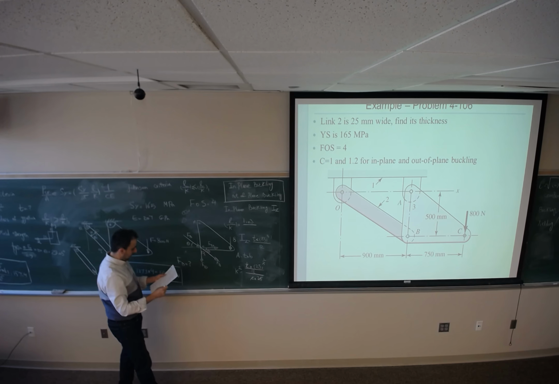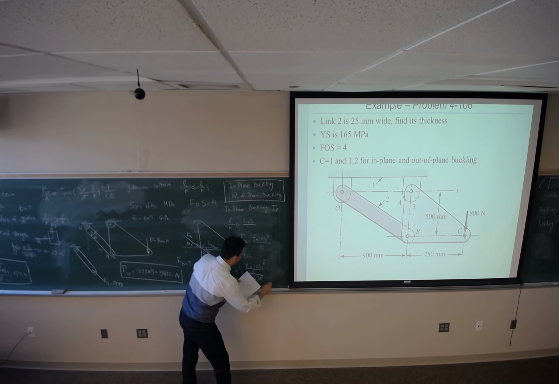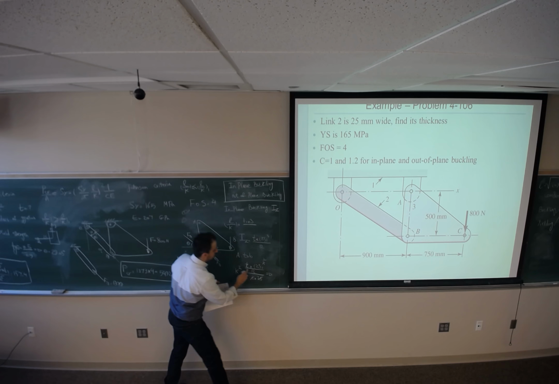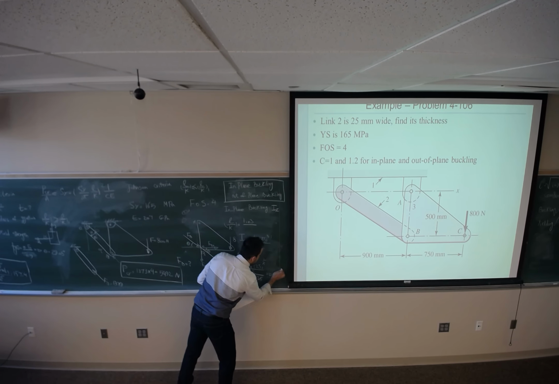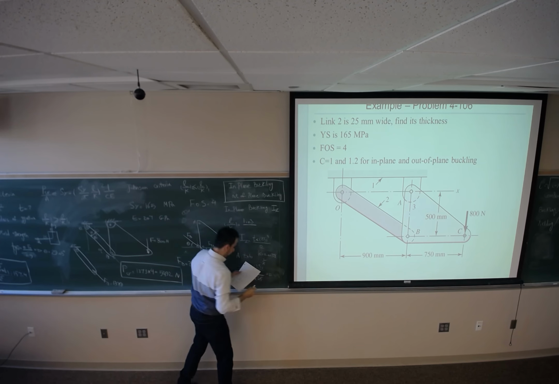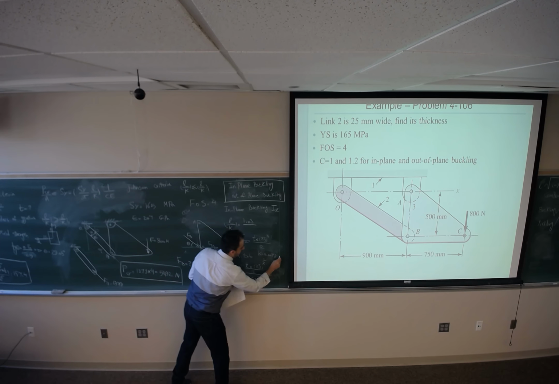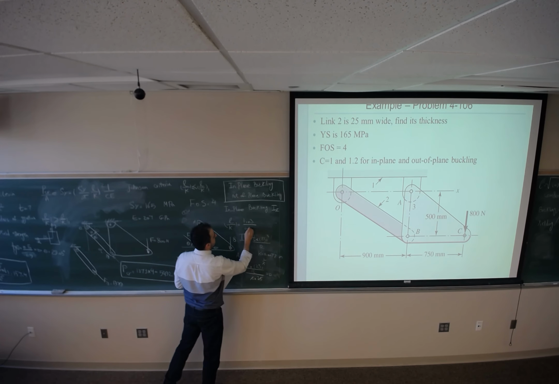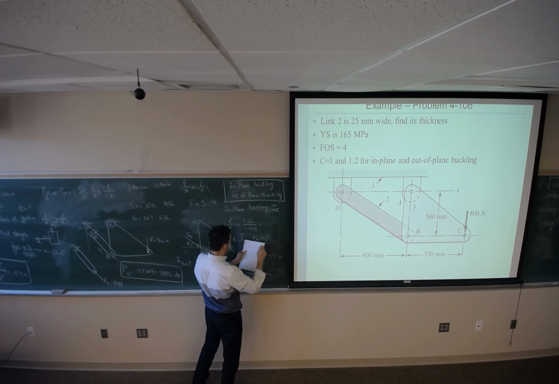I will get K, and we just have numbers. So we can find K equals 0.0072 meter. I will get 142.7.